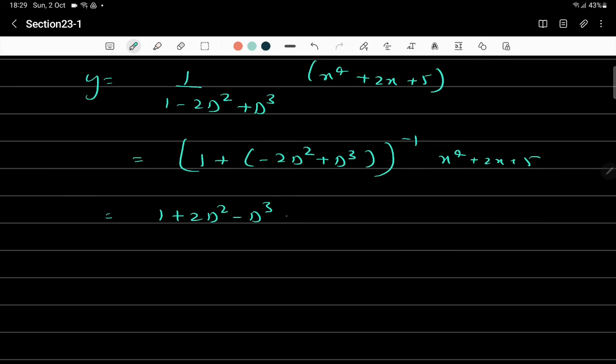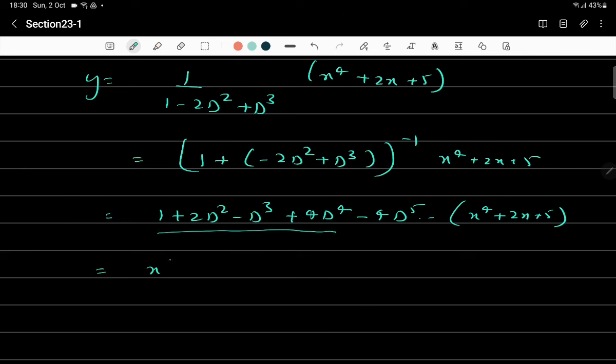So r square would give me the term 4d raised to the power 4, then minus 4d raised to the power 5, because of the multiplication of d square and d cube, and the next term is d raised to the power 6. So I do not need d raised to the power 5, so I am not bothered about the remaining terms, applied to x raised to the power 4 plus 2x plus 5. So now I am only worried about these 4 terms.